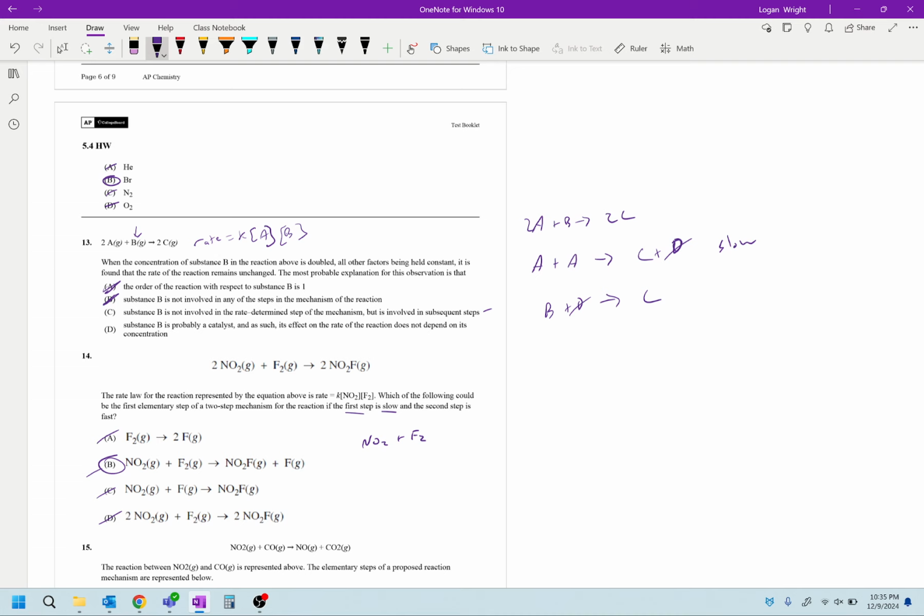Your B gets added in the fast step, which means it won't affect the rate. So C is a possible choice.